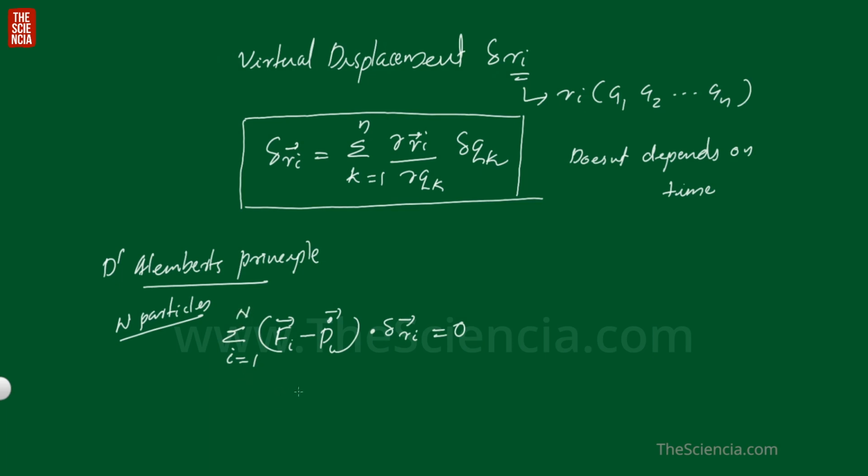So I can rewrite this equation as follows, that is summation i equal to 1 to n of Fi vector dot delta ri vector equal to summation i equal to 1 to n of pi dot vector dot delta ri vector. I am most interested in these two terms because we already know what delta ri vector is. So I am going to substitute for delta ri vector in this term. Okay.